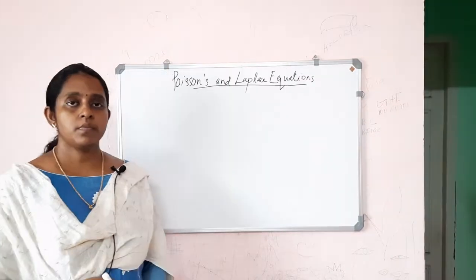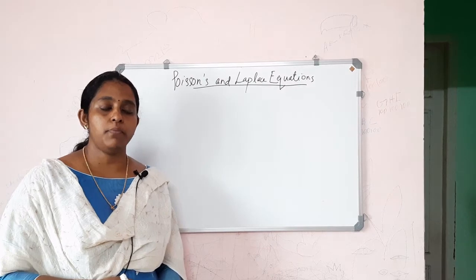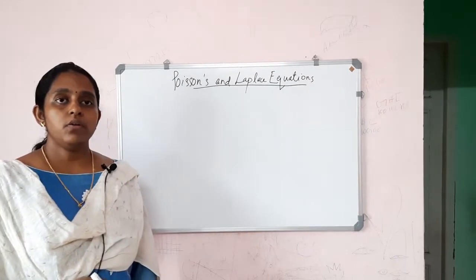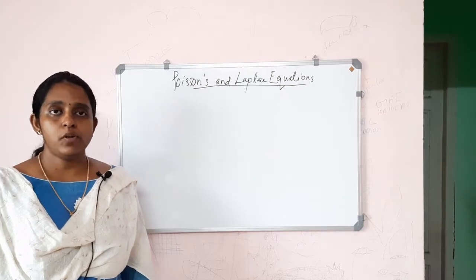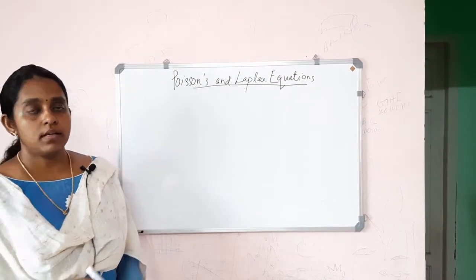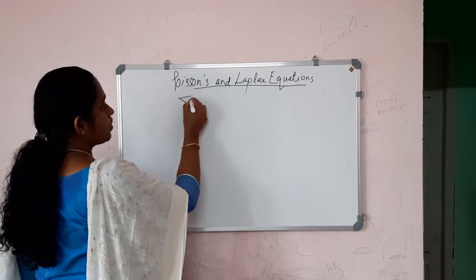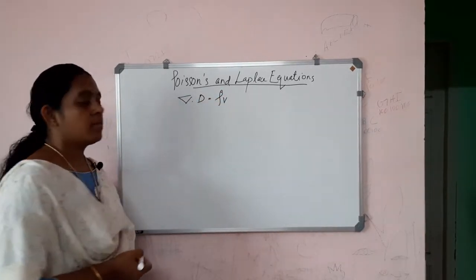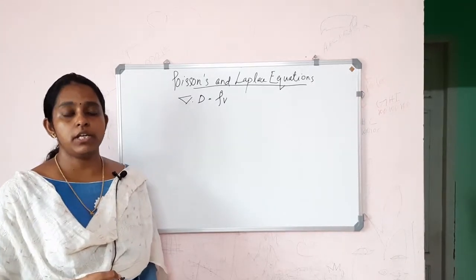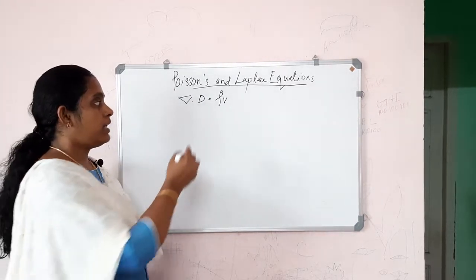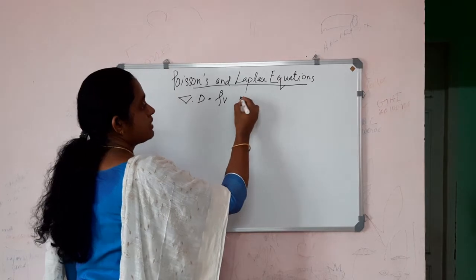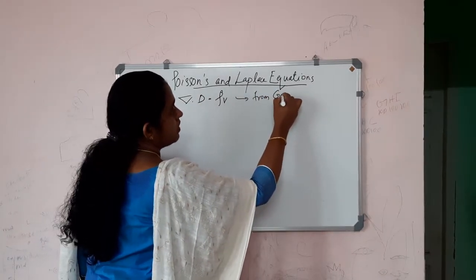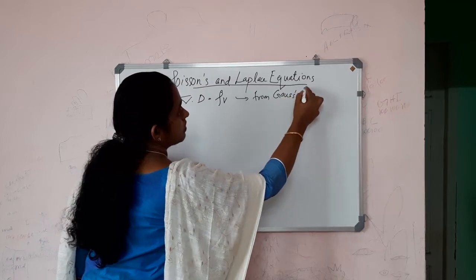Okay. The next topic is Poisson's and Laplace equation. From the Gauss law, we already derived the Maxwell first equation in differential form as del dot D is equal to rho V. This is Maxwell's first equation in differential form or point form, derived from the Gauss law.